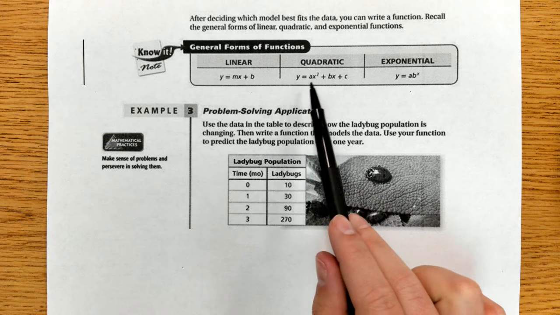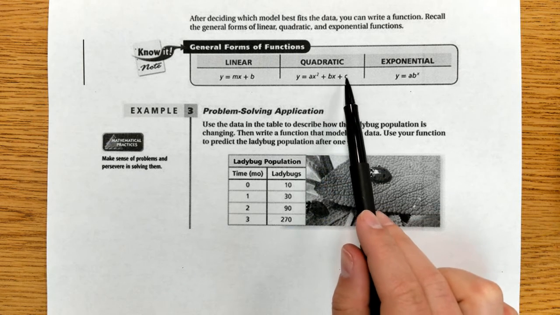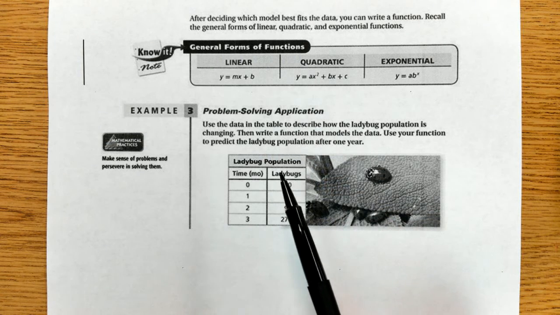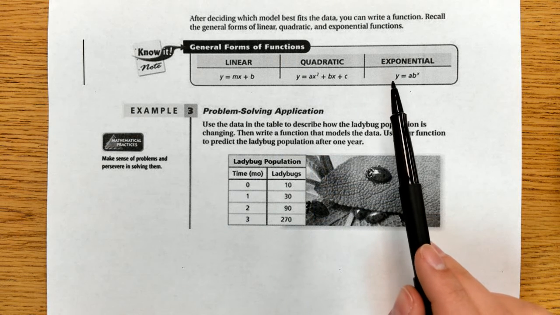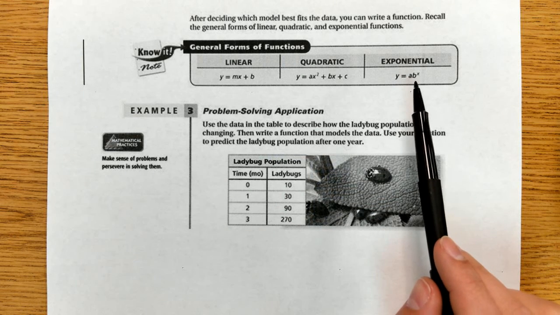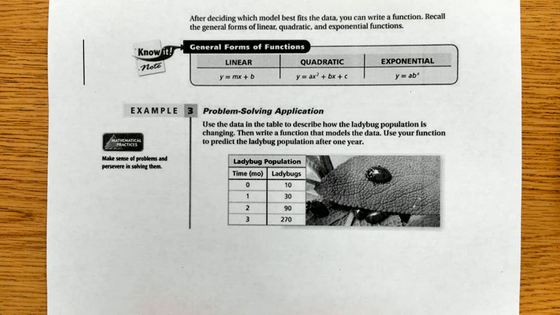Quadratic, you have y equals ax squared plus bx plus c. c is your y-intercept. And then exponential, y equals a b to the x. So in example 3, we're going to look at the relationship, figure out what's going on, decide if it's linear, quadratic, or exponential, and then write the function from there.